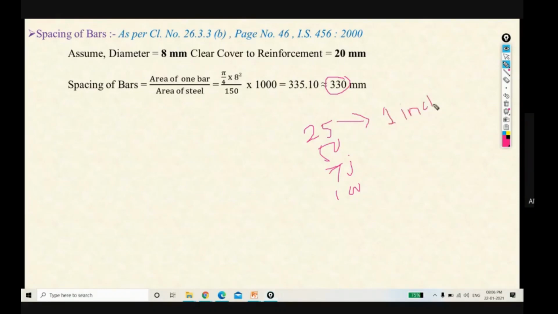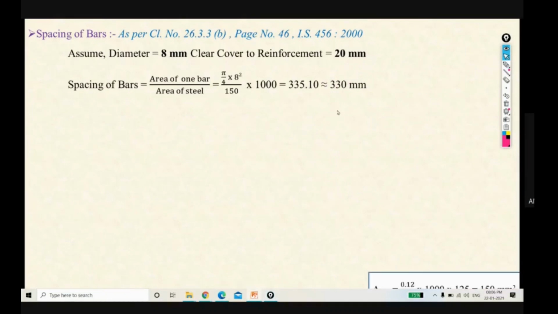So generally, from the site point of view, we are considering this 25 roundup. Means now here we can consider 325 also. If you consider 325, it's 7 inch spacing, like that we can consider it. But yes, theoretically it is okay, 330 mm.